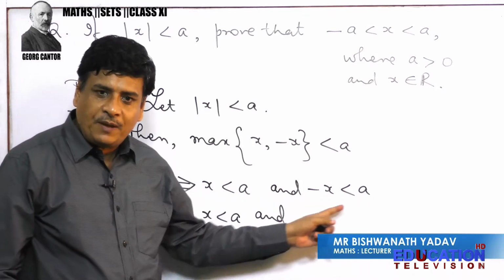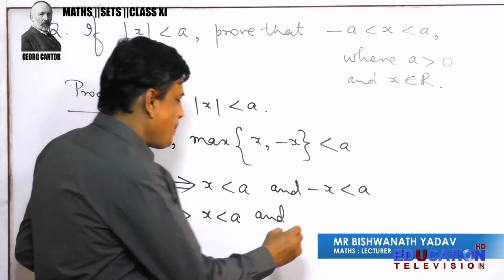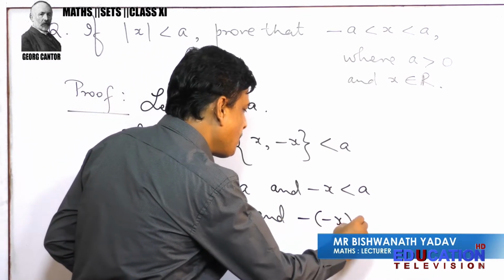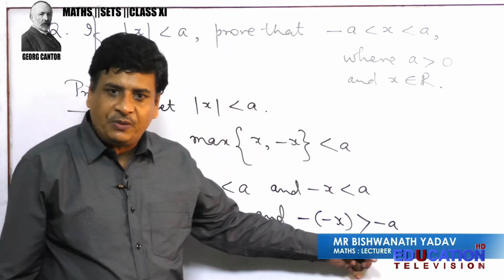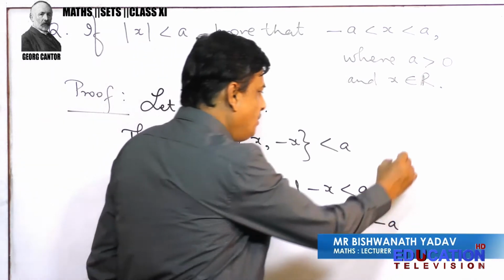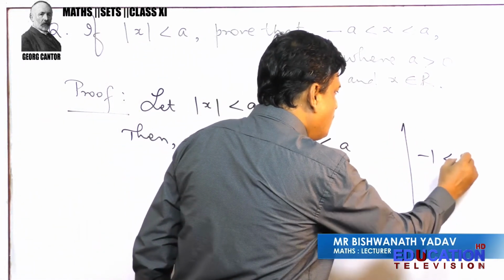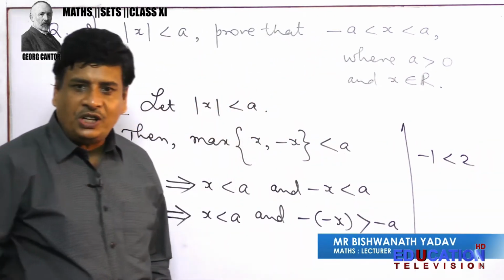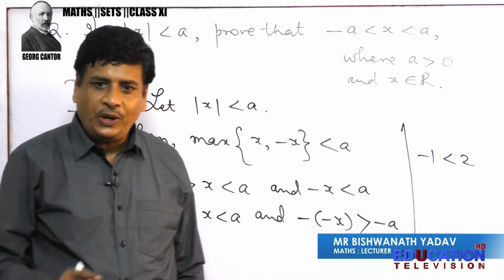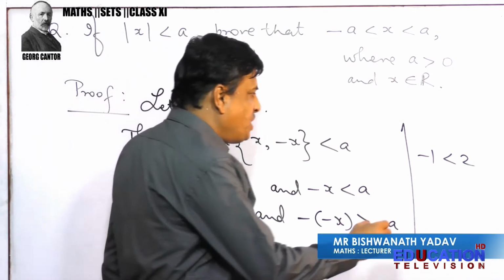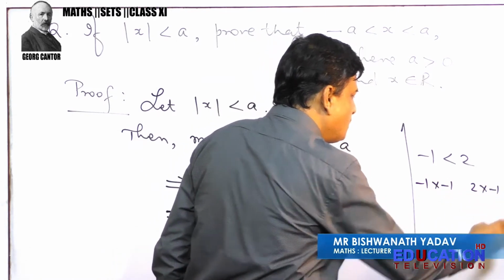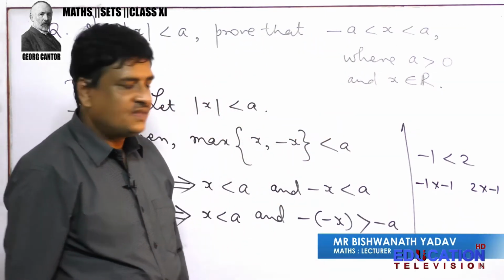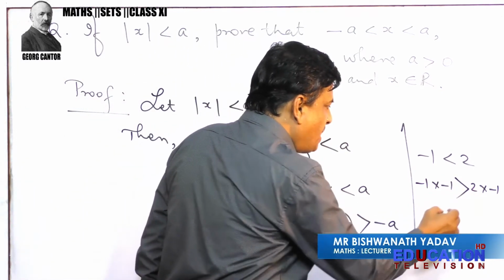Multiply both sides by minus 1. Then the inequality sign will be reversed. Like an example, minus 1 is less than 2. We are multiplying by the same number, minus 1, on both sides. Then the inequality sign is reversed.